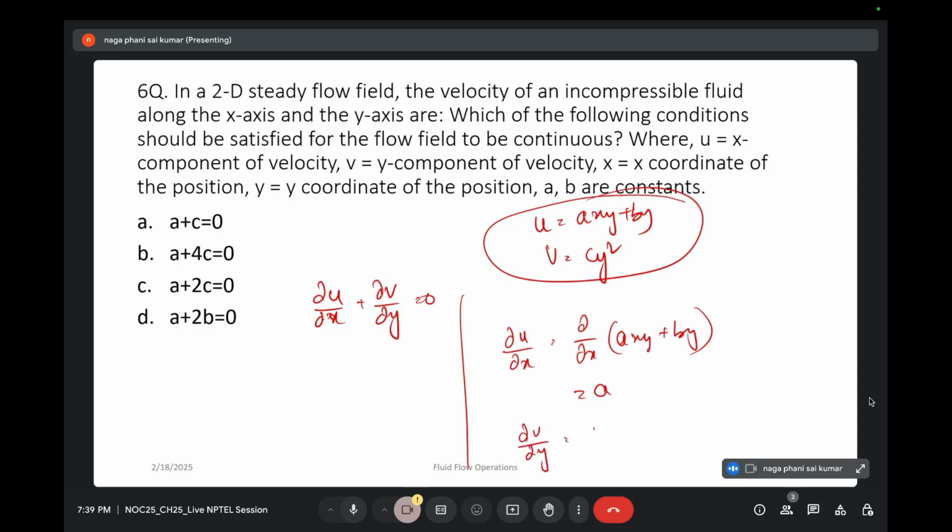It will be dou by dou Y of CY square, which will give us 2YC. So if you substitute them in this equation, we will get A plus 2YC should be equal to 0, right?